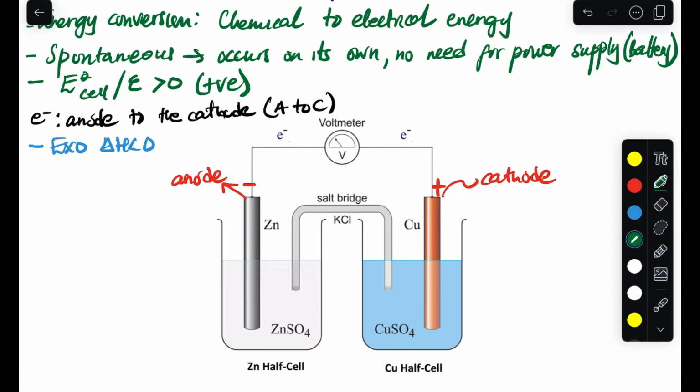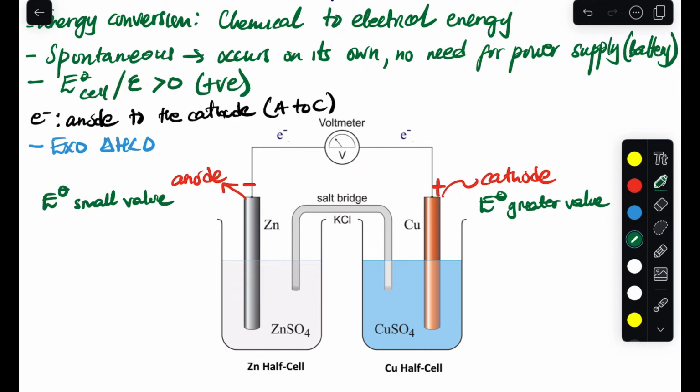Another thing that is important: the E theta, which is the voltage of zinc, is going to be a small value compared to the copper value. The voltage of the copper, since it's reduced, since it's gaining electrons, is going to be a greater or bigger value.